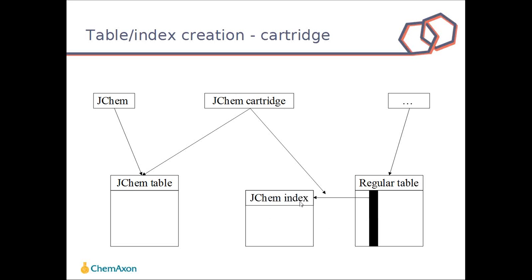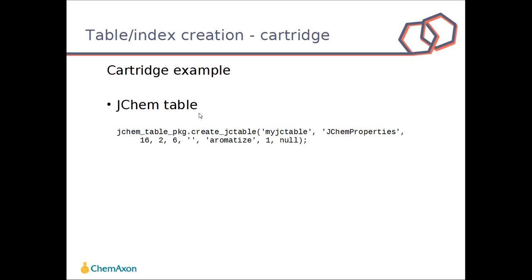This index table will contain the additional JChem calculated columns that are normally contained in the JChem table. In case of index creation, they will be contained in the JChem index. Let's see the syntax for it.